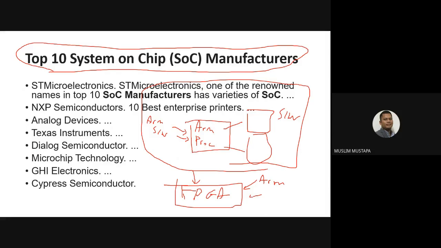After this, the current trend right now is there's a shortage in the chip supply. I'm not sure you guys are aware or not. There's a shortage in the chip supply in the market because of COVID-19.